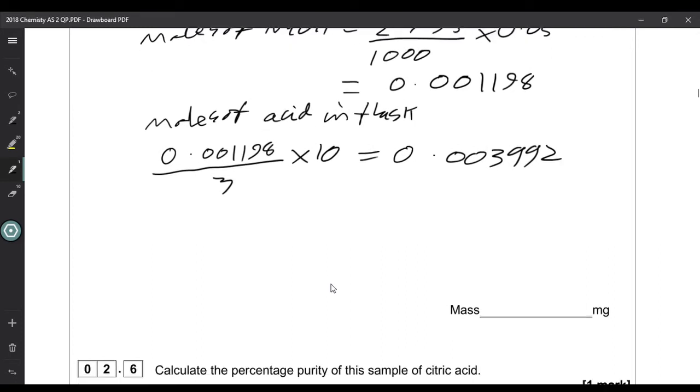So we know how many moles of acid were in our volumetric flask. So now we've got to work out what the mass of that acid is.